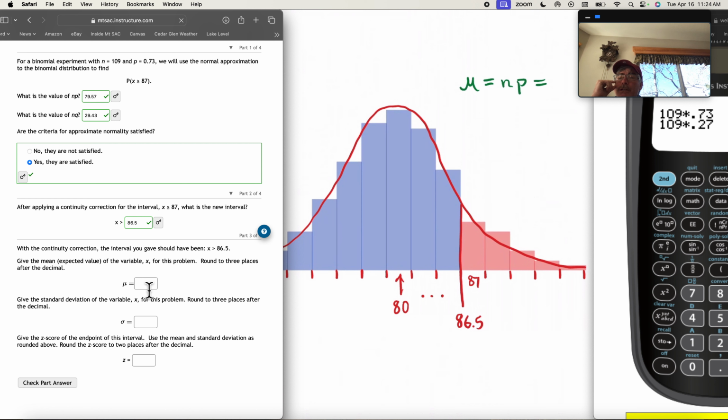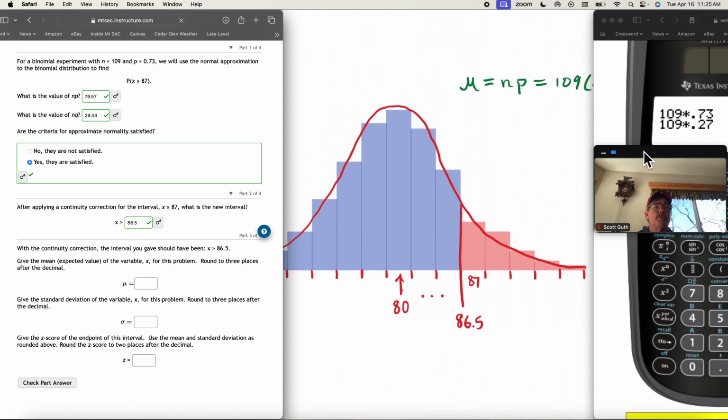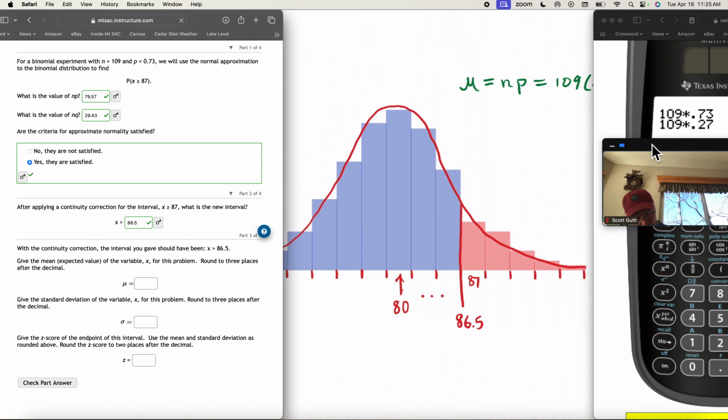All right, the n was 109, and p is 0.73. And let me make this so you can see a little better here. How about that?